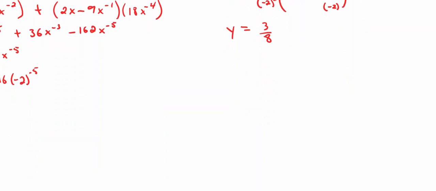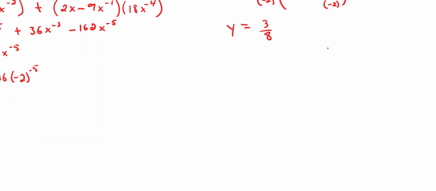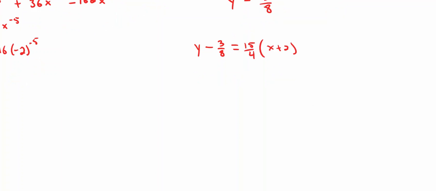All right, so we are almost there. Now we'll throw it in. We'll say y minus y1, which was 3 over 8, is equal to 15 over 4 for our slope, times x plus 2. Now it wants it in general form, so we don't want any fractions, and I've got to get rid of the brackets too. This is a good place to get rid of the denominators, so why don't we multiply everything by 8.